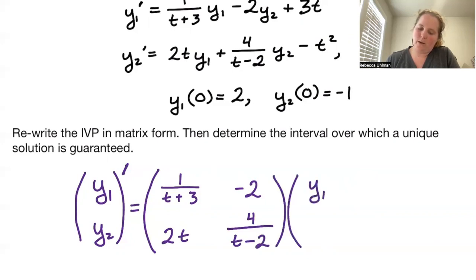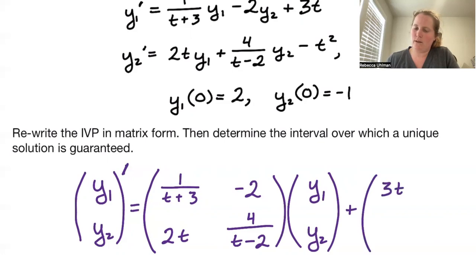That's multiplying the vector y1, y2. And then we will add on our forcing functions: 3t as our first row and negative t squared as our second row.